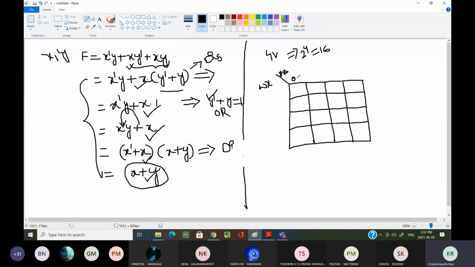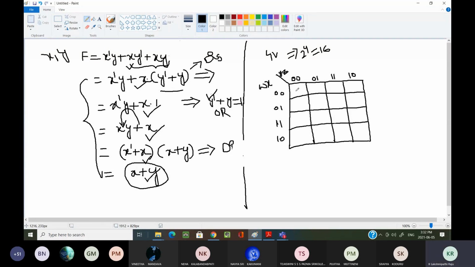Now tell me what are the first cells? 00, 01, 11, 10. Now vertically also 00, 01, 11, 10.